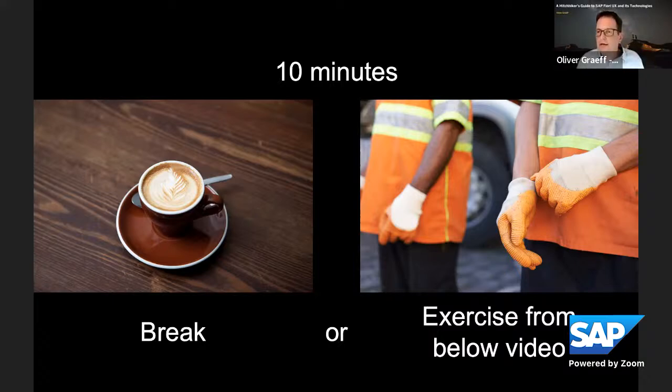I see that there are a few questions in the chat. Maybe I can use this time to answer the questions. The first one is from Juan Pablo asking whether it is possible and sustainable to create a custom theme. Yes, it is. There's one tool which I haven't mentioned for simplicity reasons.